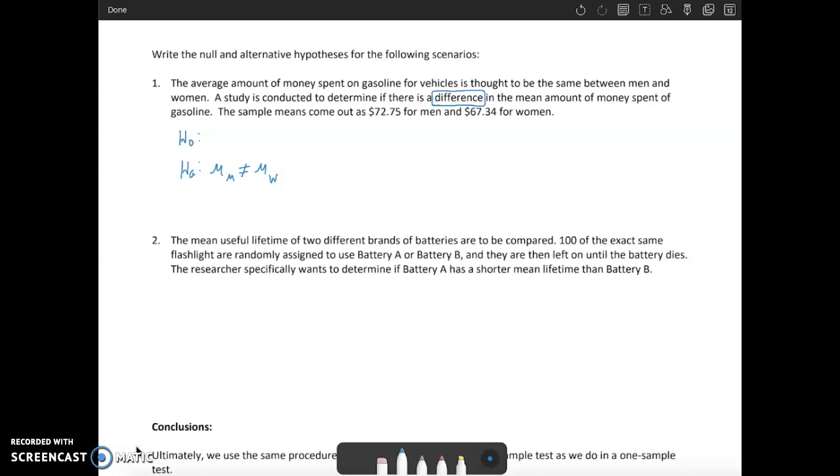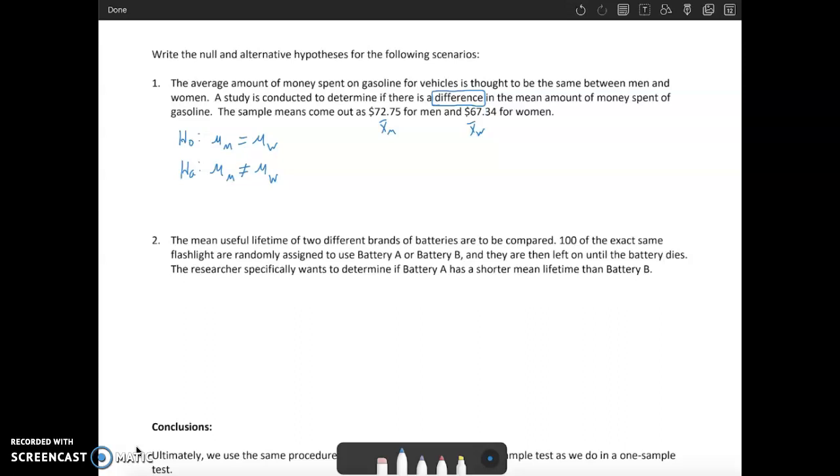If we're doing the two-sample test, the not equal to means that our null would be assuming that they are equal to each other, that the mean amount of money spent here is equal, and then we're trying to show that these means are different. Notice that the sample means, the x bars, so x bar sub m and x bar sub w, are given information, but they're not actually used at all in the hypotheses.